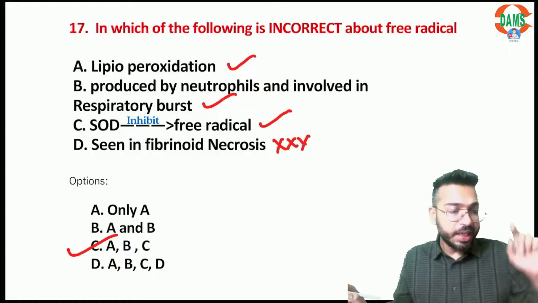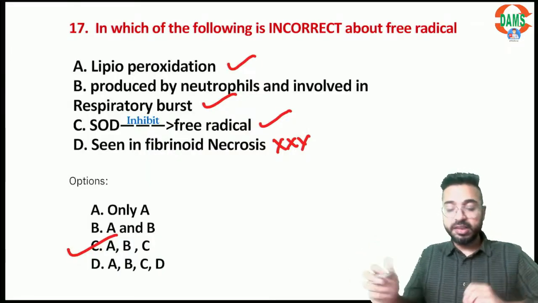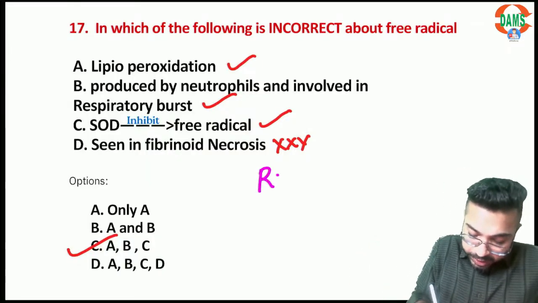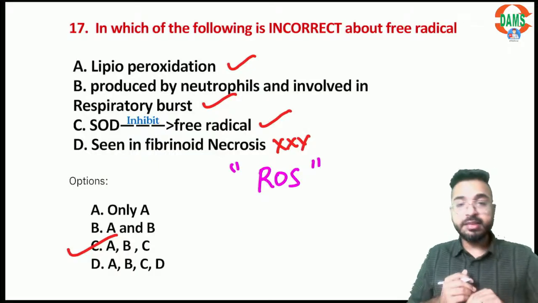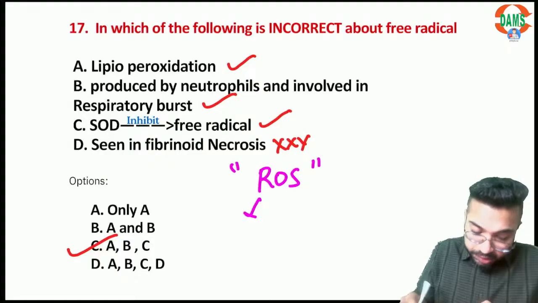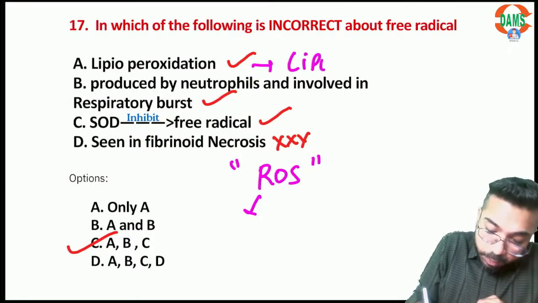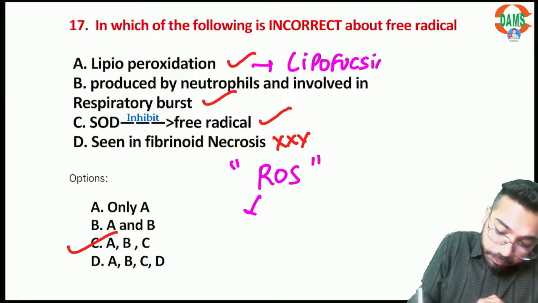We have studied free radicals, the reactive oxygen species. We all know free radicals are reactive oxygen species. Reactive oxygen species cause damage to lipid, called peroxidation of lipid. This is why lipofuscin is produced.